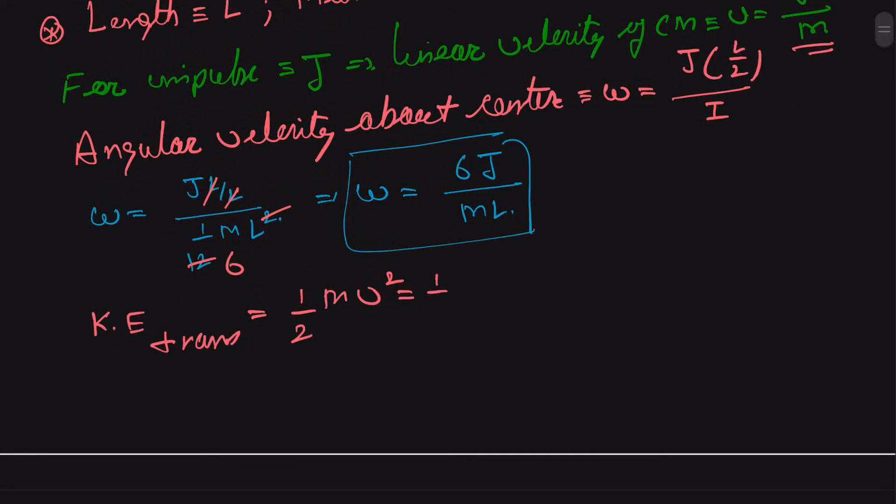So it is half m times J upon m whole square, and the m cancels out, giving half J square upon m.